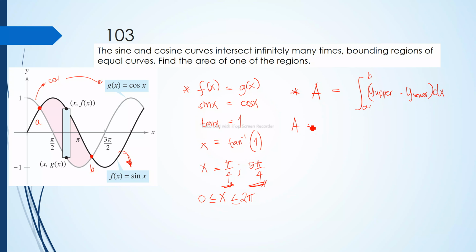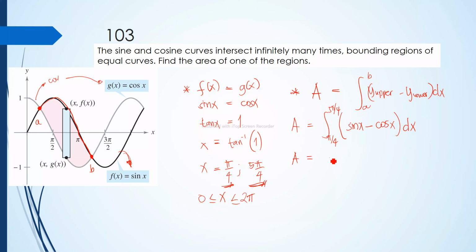Don't forget this one. So the area is equal to the integral of y upper, which in this graph is sine x, minus y lower, which is cosine x, dx from pi over 4 to 5 pi over 4.